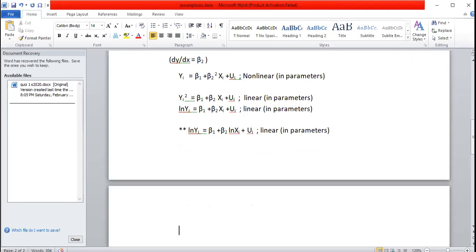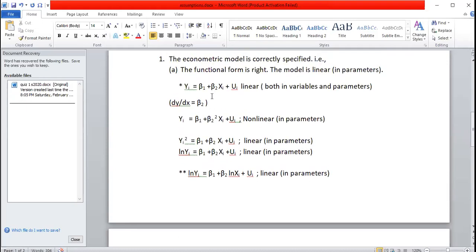The change in demand due to the change in price. Really? Then what is this? Let's say X is price, Y is quantity demanded. Then what is this?